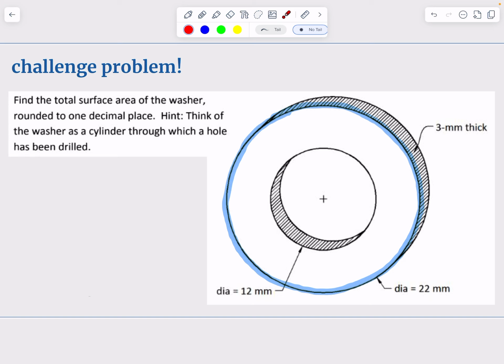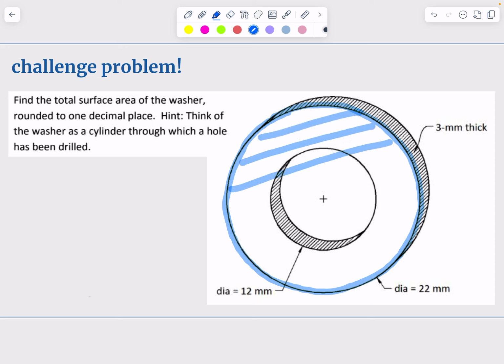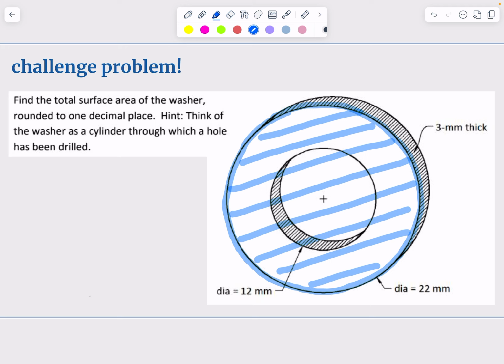Okay, so let's think just for right now about finding the area of this entire big circle here that makes up kind of the outer part of the front side of the washer.